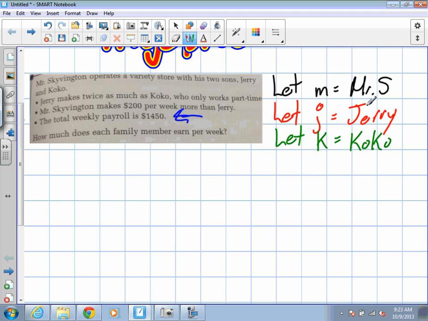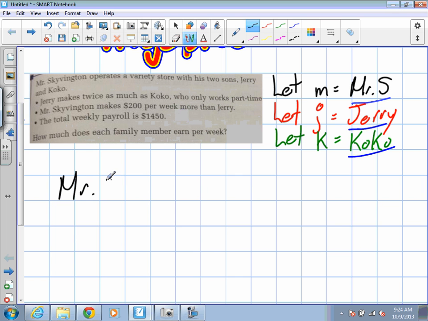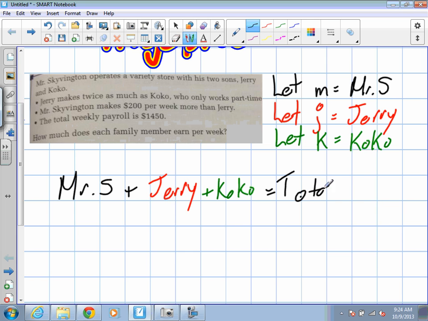Because it's payroll, we need to add together the amount of money they all make. Okay? So, in other words, we have to add what Mr. S makes, plus what Jerry makes, plus what Coco makes, to be the total. Call it total payroll.